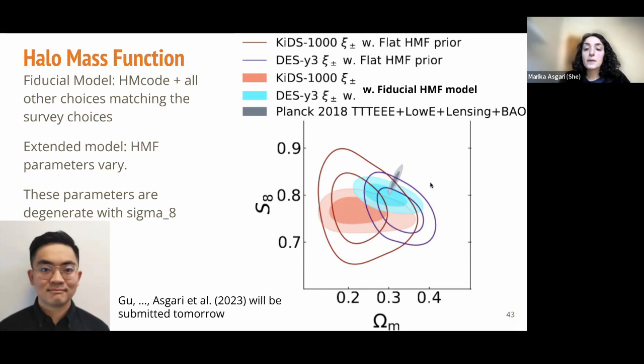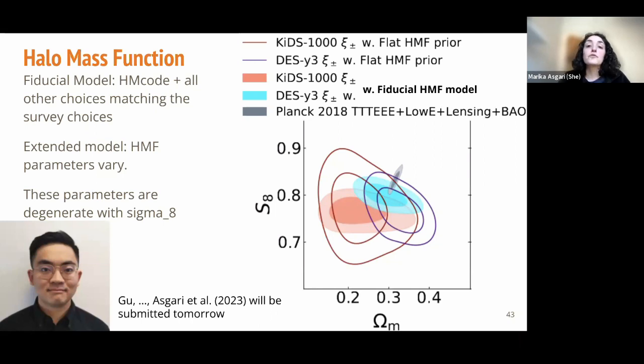Now, the interesting thing is that although the contours get bigger, their central point doesn't move. And when we look at the fit to the halo mass function parameters, if you fix everything else, they actually prefer the fiducial values.